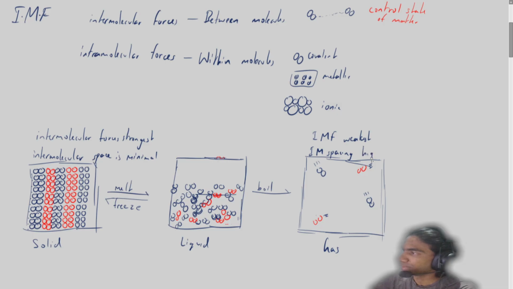is the highest. And what's going to happen is if we cool this down, it is going to undergo condensation back into a liquid. Okay, so this is basically what is the role of intermolecular forces in terms of changing the state of matter of any kind of substance, right?